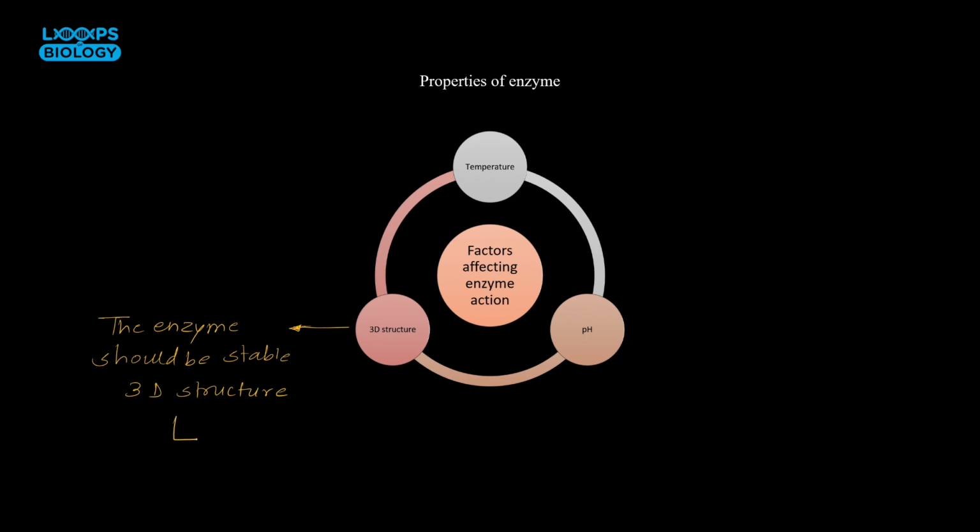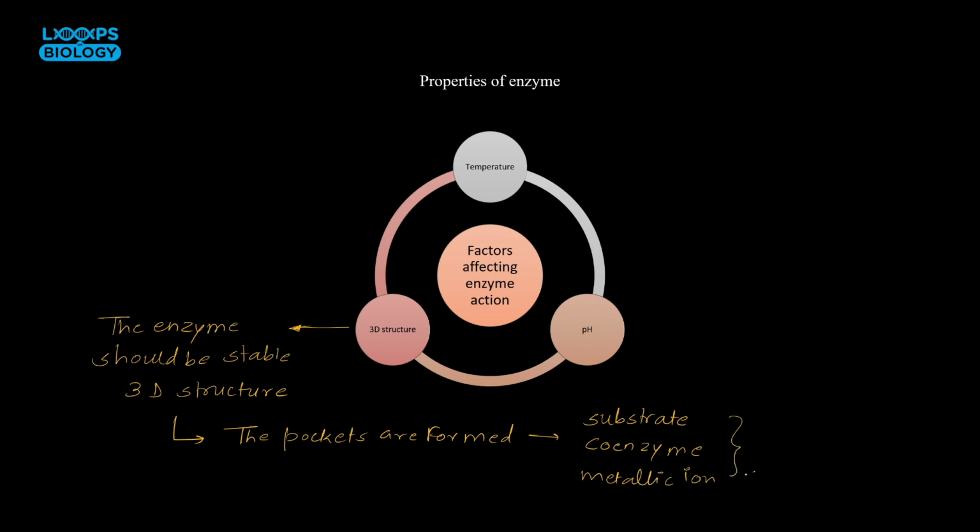Now, in that three-dimensional structure, pockets are formed where you are going to see binding of substrate, binding of coenzyme, then binding of metallic ion, etc. These components are basically bound in those particular pockets.